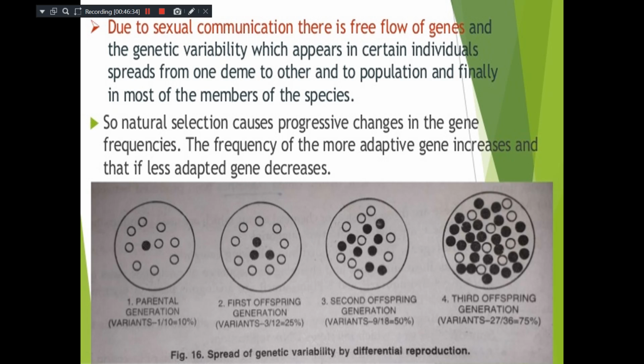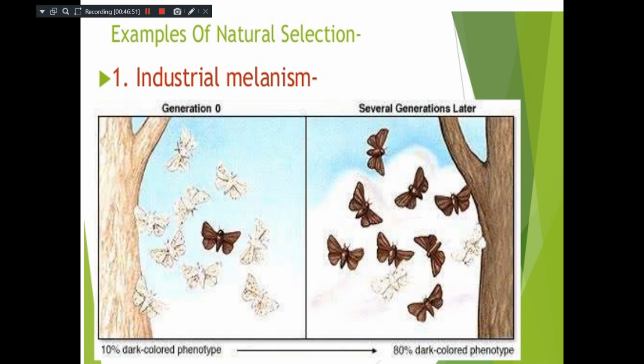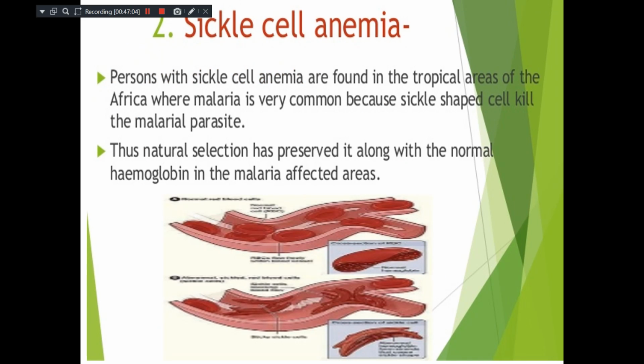In the given scenario, the more adapted genes are the genes for dark color, and the less adapted ones are those having the gray colored genes. This is what you call industrial melanism, a very good example which I have already told.